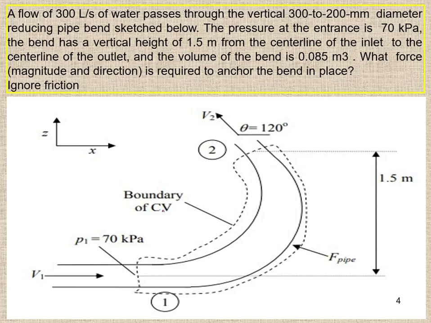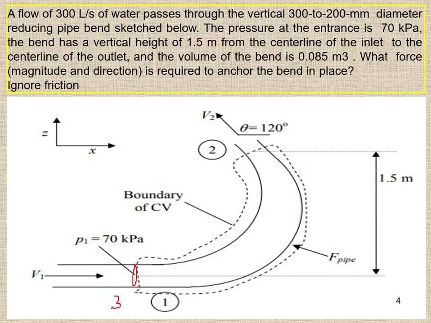Here, a flow of 300 liter per second of water passes through the vertical 300 to 200 diameter reducing pipe. So this is point 1, and at point 1 we have a pipe diameter which is 300.